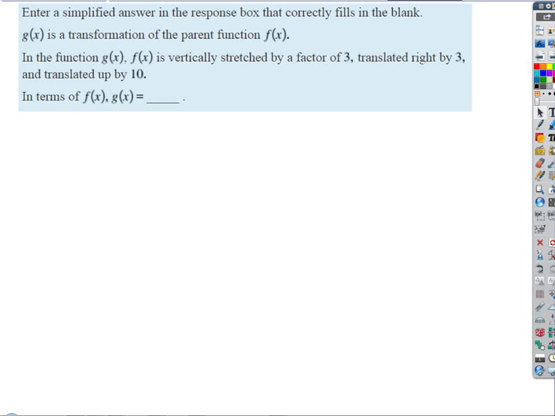What's this mean here? I think the reason people miss this, I'm convinced that if you miss this one, it's because you didn't know how to interpret that. In terms of f of x, what does g of x equal? So always start off with the template and just fill stuff in. If we ever want to transform f of x to a new function g of x, we're just plugging in values of a, h, and k, as long as we're not horizontally stretching or compressing, which we're not going to do.